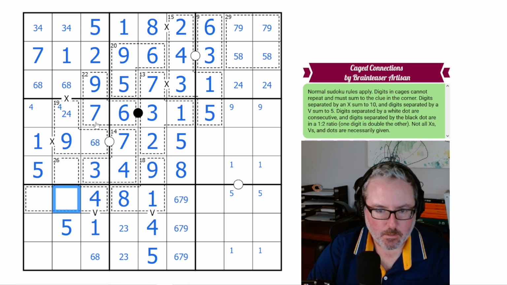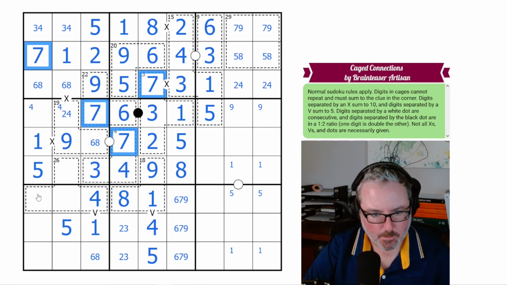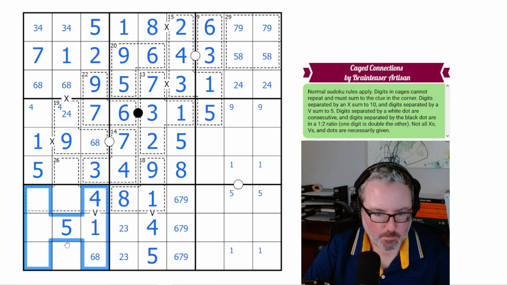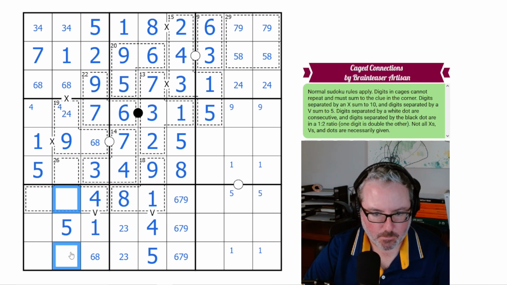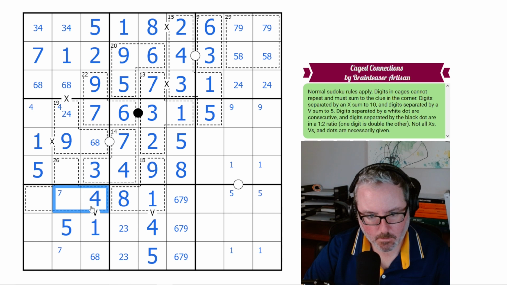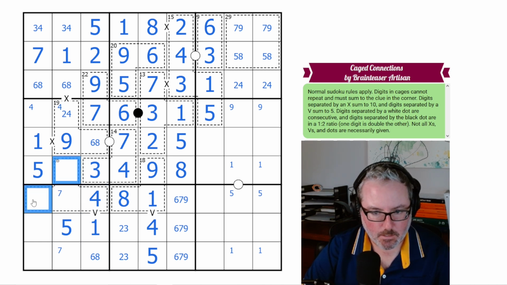Now, the other thing looking down at this 26 cage, we have 7s that are similar to what the 5 was. They're in 2 options. Now, if the 7 was, let's just put those in. If this is a 7, we are now sitting at 11. So these have to equal 15.